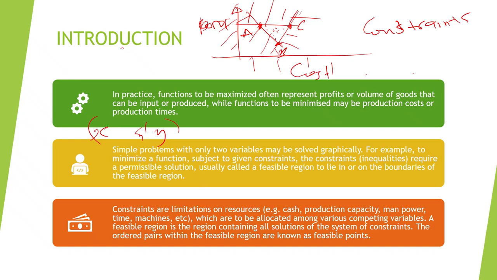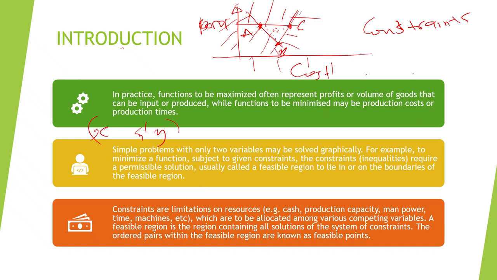Now, a feasible region is the region that will contain all solutions of the system of constraints. The ordered pairs within the feasible region are known as feasible points. Okay, so if you look at this one, you can have different points.